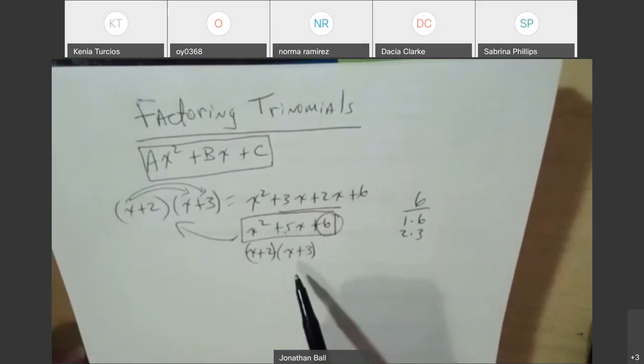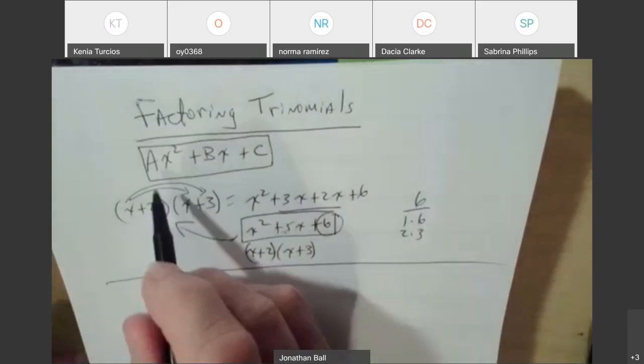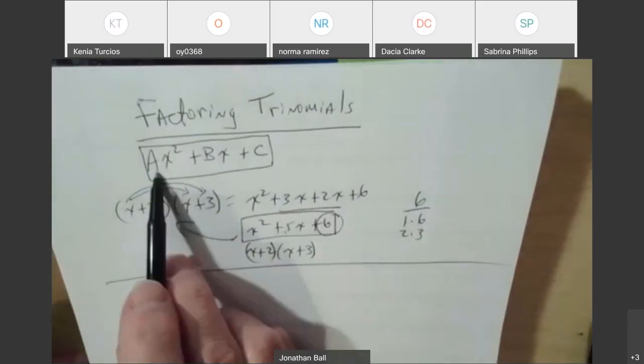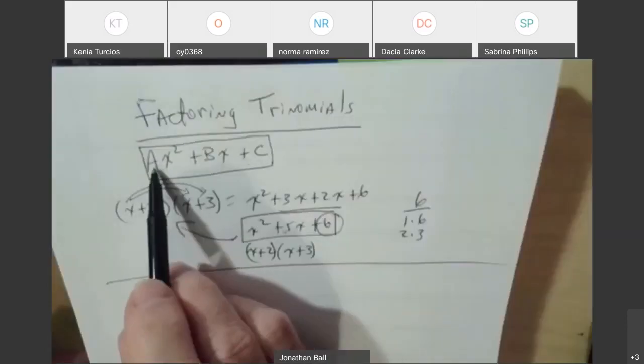Now, before I go any further, this is the form that they're in. They're always in this form, ax squared plus bx plus c. What we're going to do tonight is where a is 1.